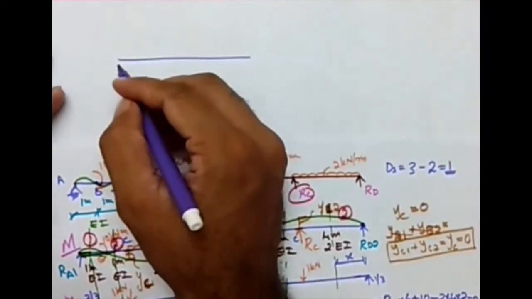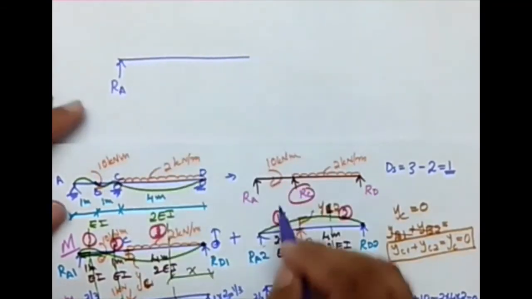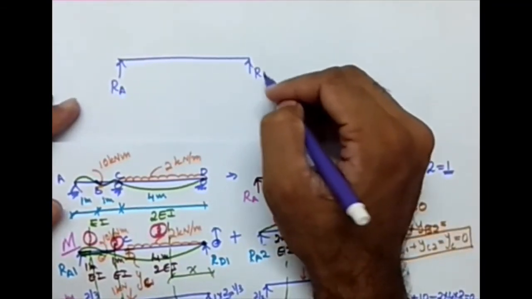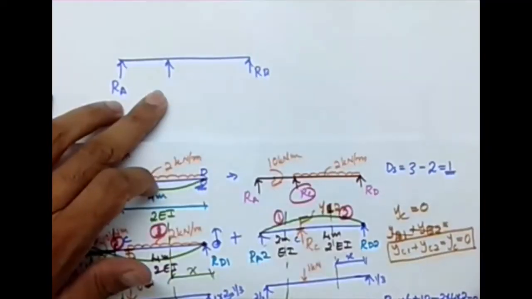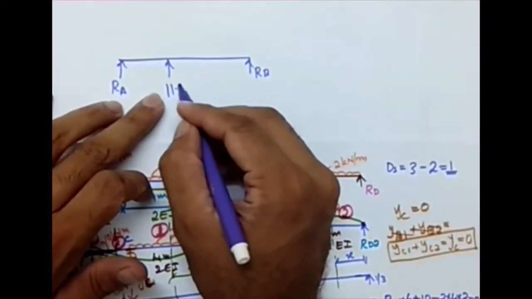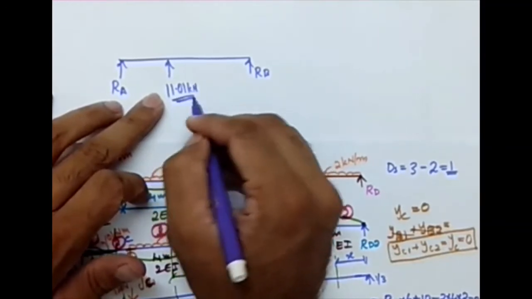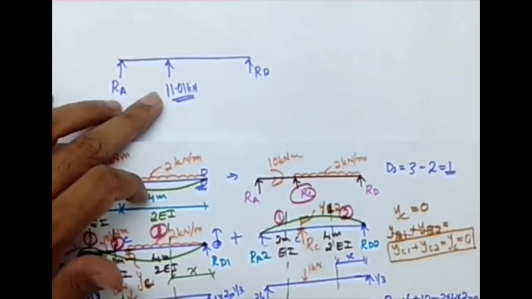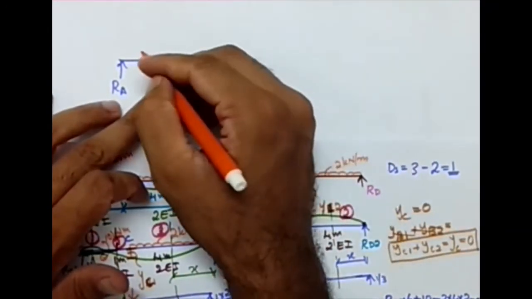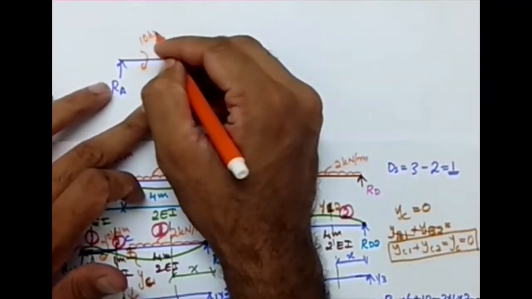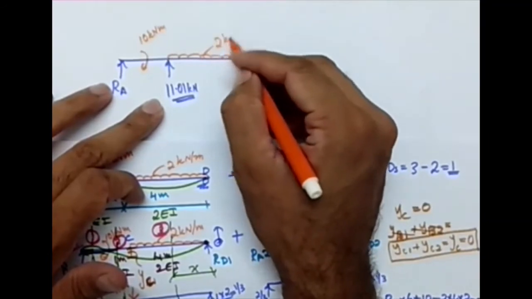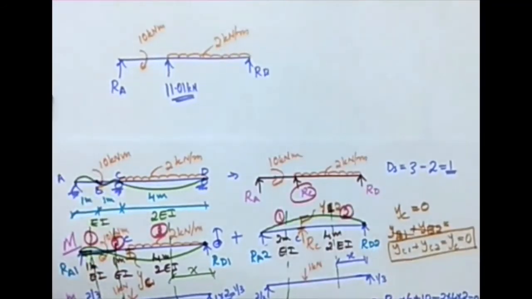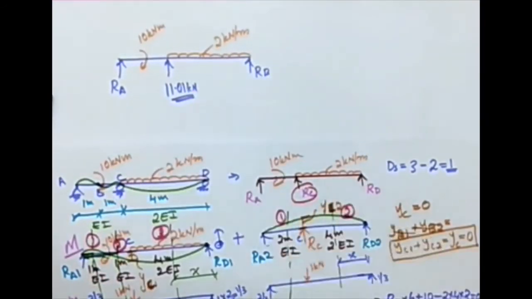What I have is Ra, Rd, and this is Rc, which we got as 11.01 kilonewton. And then what are the other loads? There is a moment here which is 10 kilonewton meter, and there is a UDL of 2 kilonewton per meter. Okay, so that's what we have.